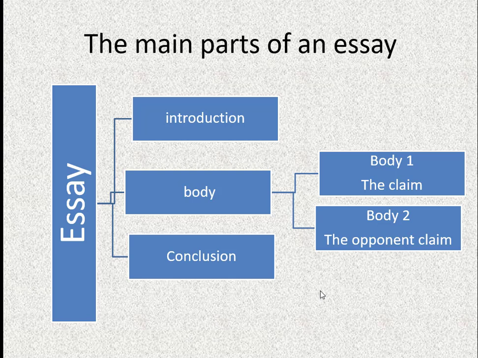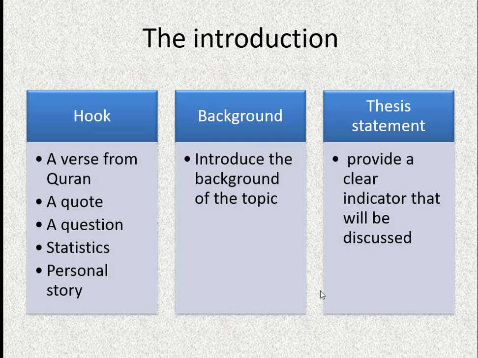Let's start with the introduction. There are 3 main parts for a good introduction: hook, background, thesis statement. The hook is the sentence that grabs the attention of the reader. It can be a verse from the Holy Quran.